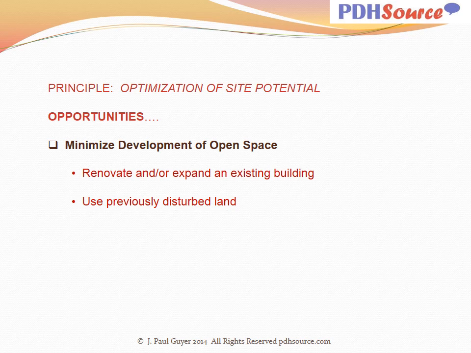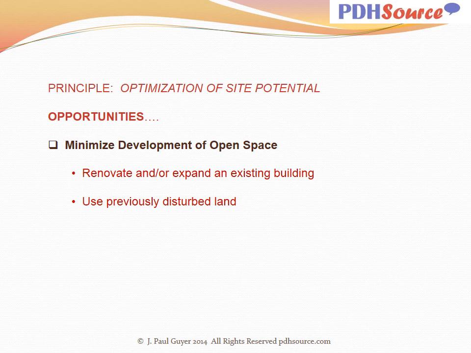Also use previously disturbed land. That may be an option. You need to build a new building. Your options are to build it on a nice pristine natural meadow with lots of little wildlife running around and this sort of thing. And the other alternative is to build it on the site of an underutilized parking lot at your activity, whatever it is, college campus and so on and so forth.